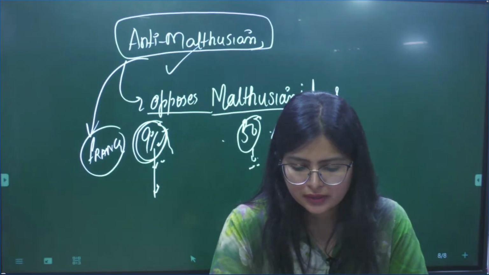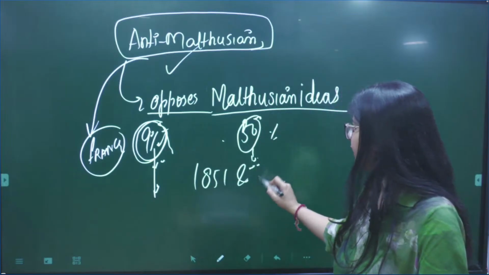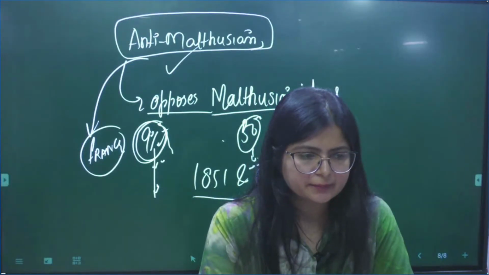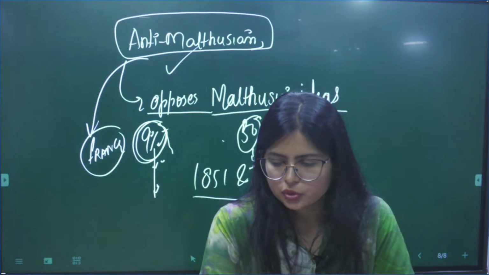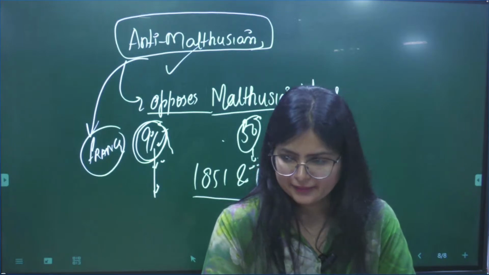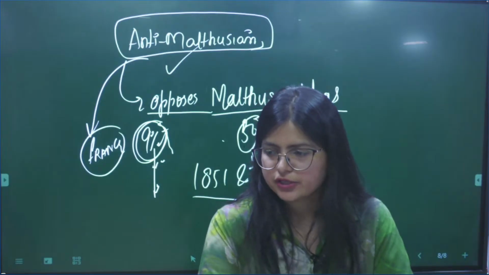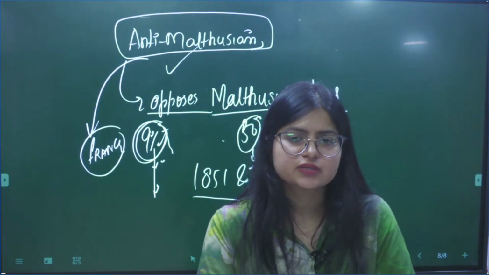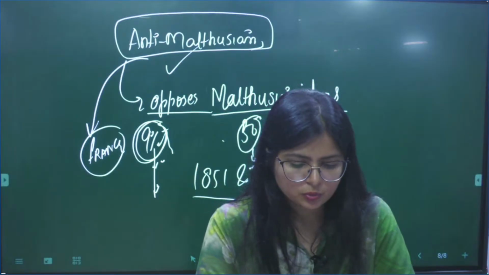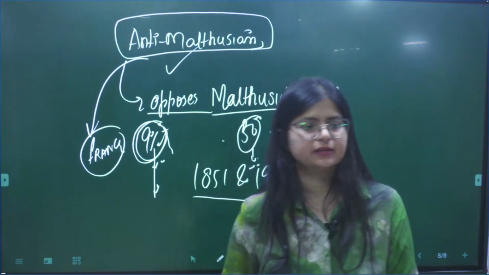Between 1851 and 1911, while the German and British population grew by 57% and 42% respectively, the French population grew only by 9%.